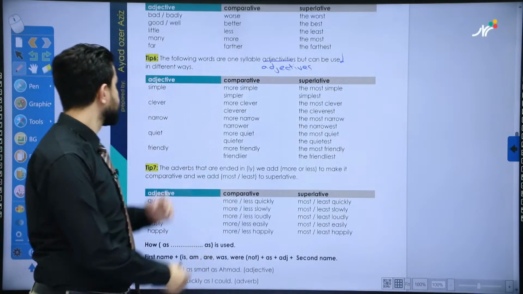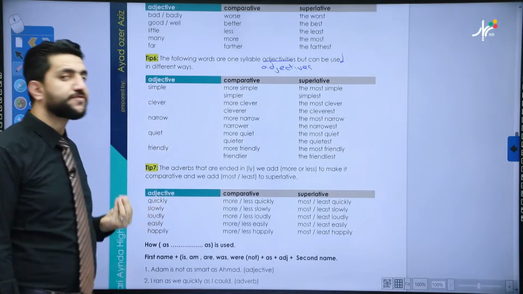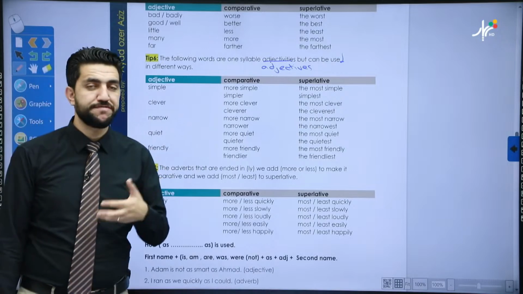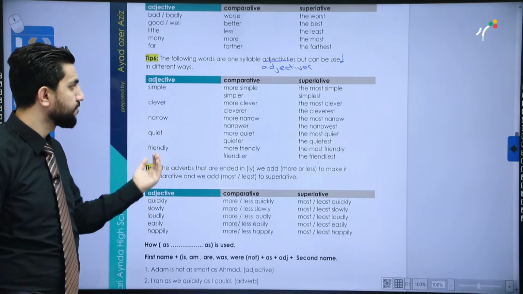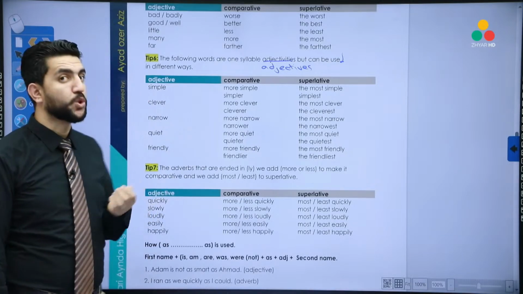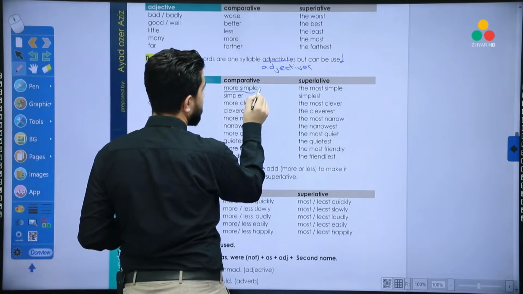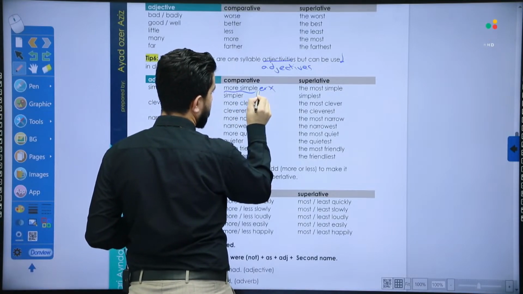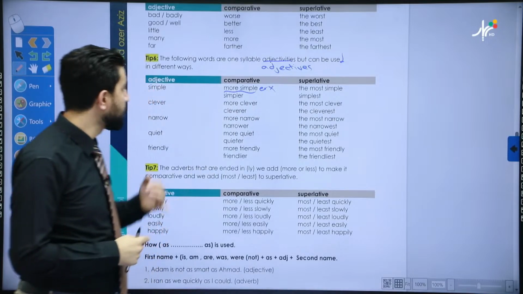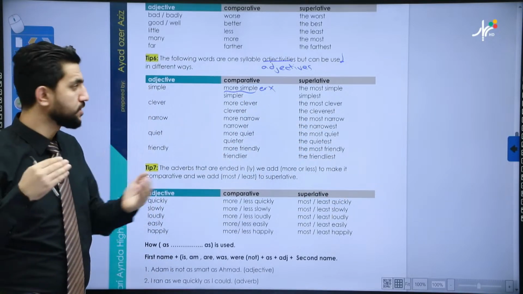So for example, we have simple, clever, narrow, quiet, friendly, which can be used in both forms, okay? So we can say more simple, and we can also say simpler. But we never say more simpler. That would be wrong, okay? Be careful. We say more simple or simpler. The most simple, simplest. We can use it in both ways.